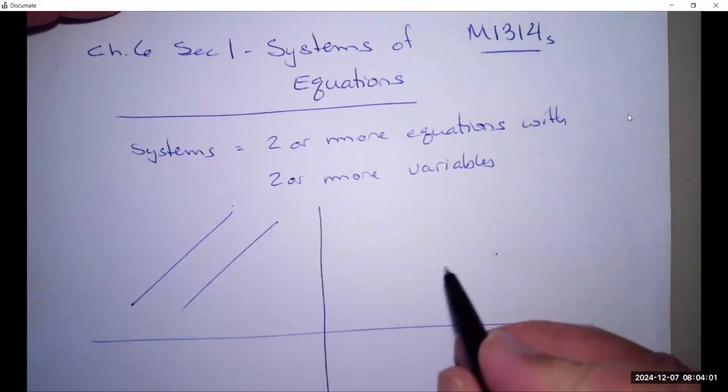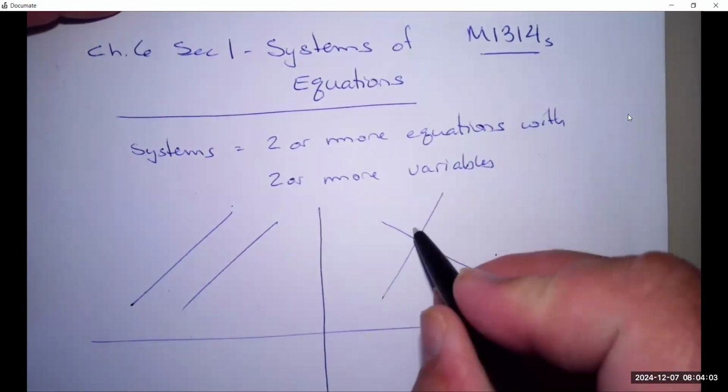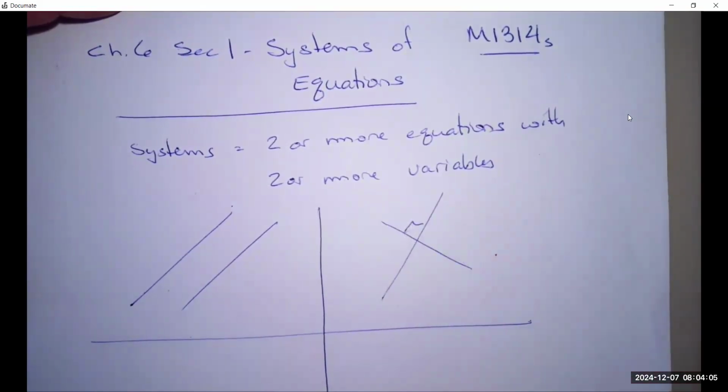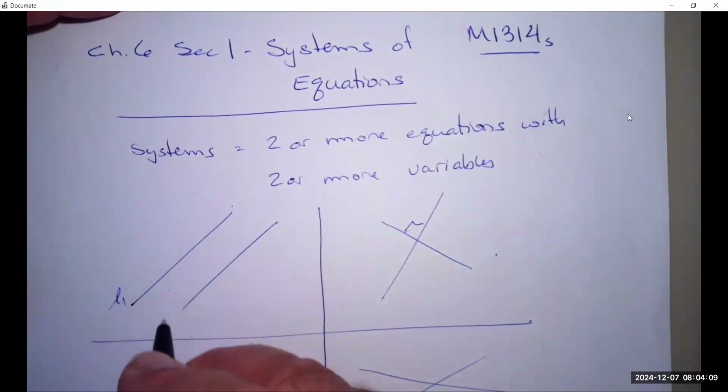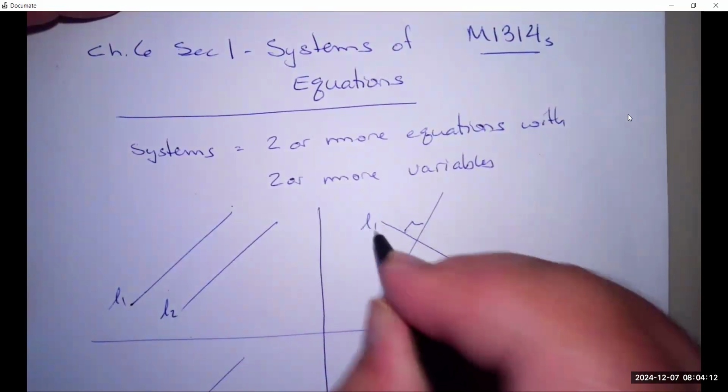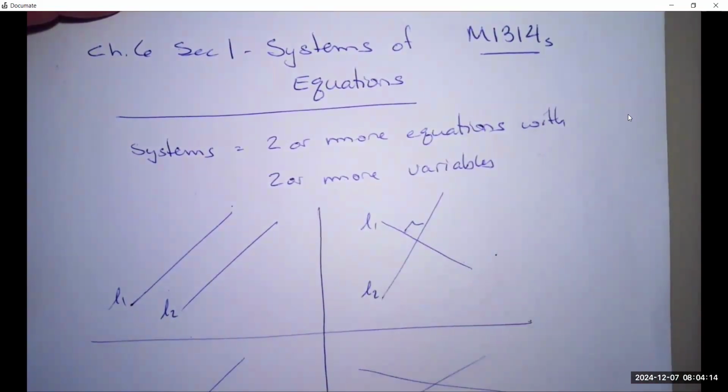We looked at these possibilities, where this is line 1, this is line 2, line 1, line 2, line 1, line 2.